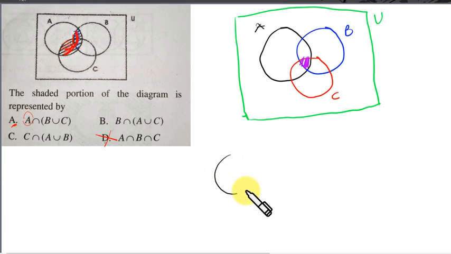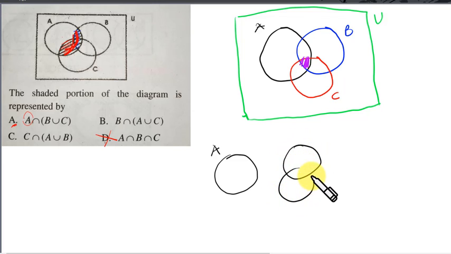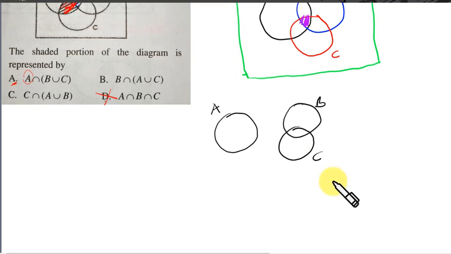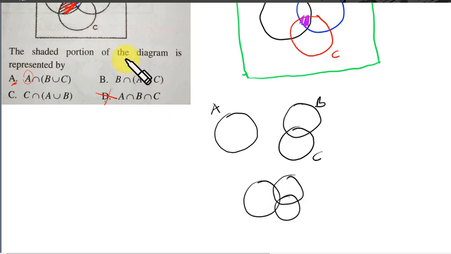I'll separate the set A. I'll consider this as one set, but I will treat the other two sets together as they are. So I have C here and I have B here. So when A joins, then we can get what we are seeing. That is when A joins this B and C, then we can get what we are seeing here.